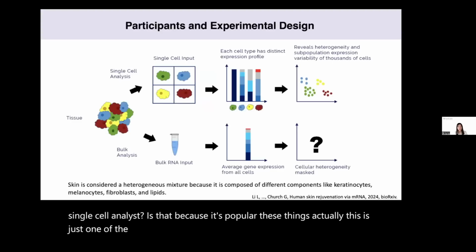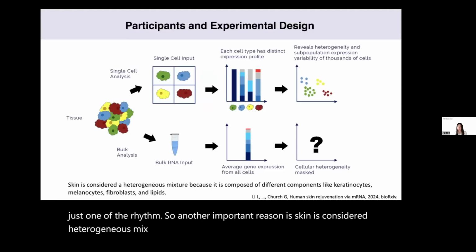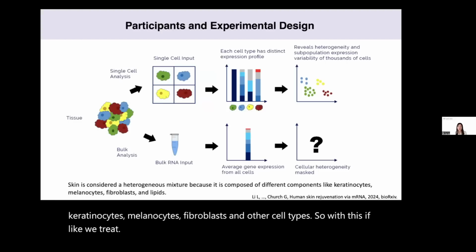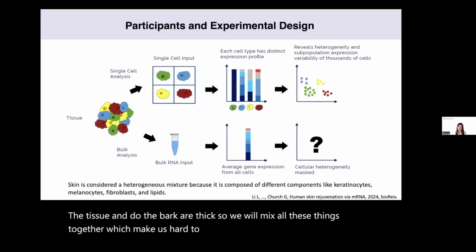Another important reason is that skin is considered a heterogeneous mix because it's composed of different cell types, like keratinocytes, melanocytes, fibroblasts, and other cell types. If we treat the tissue and do bulk RNA-seq, we will mix all of these things together, which makes it hard to find which genes play the key role during the aging process.